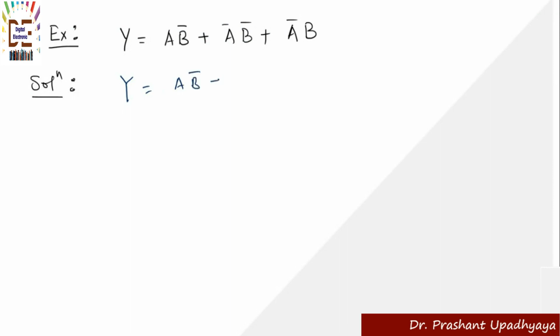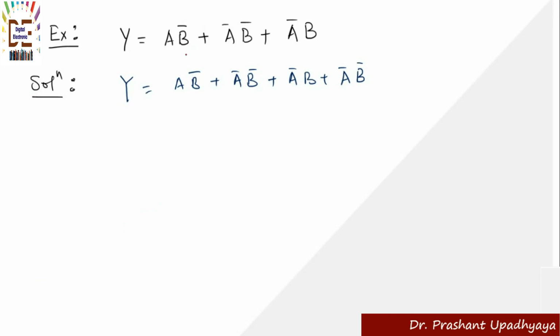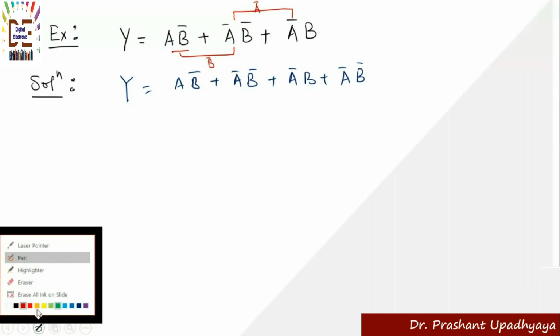A b bar plus a bar b plus a bar b plus a bar b bar, because what we have seen is that in this, b bar was common, and from this, a bar was common. Okay, so you can see which term is coming out to be common.